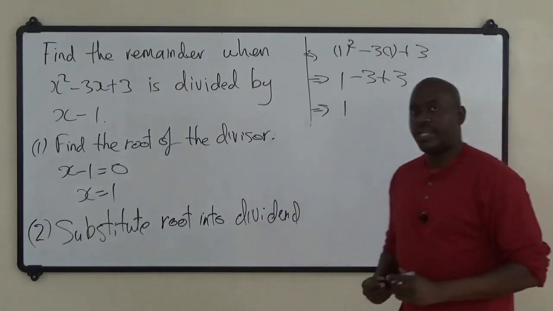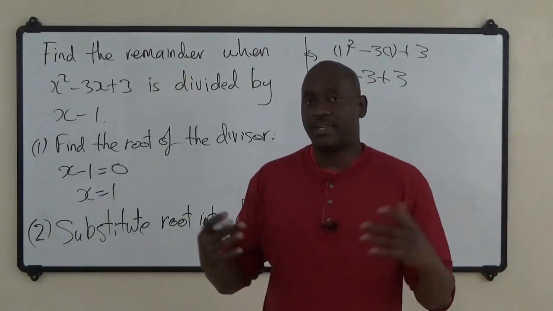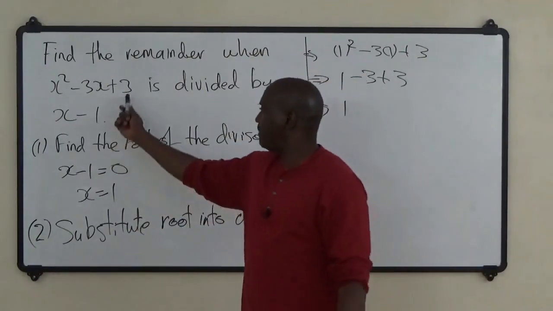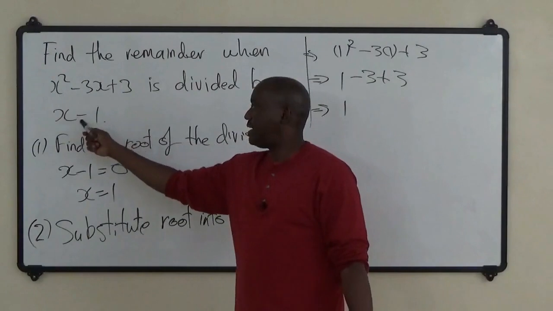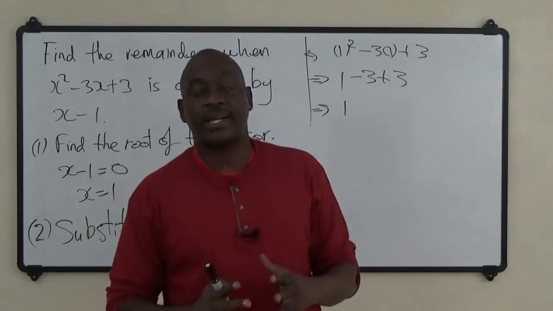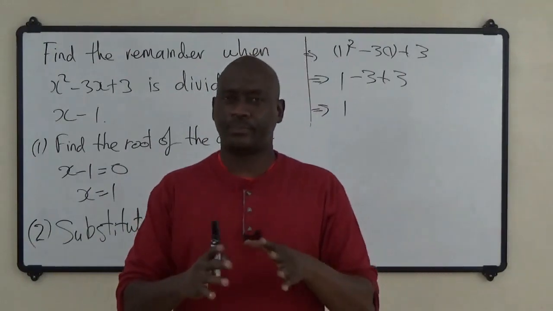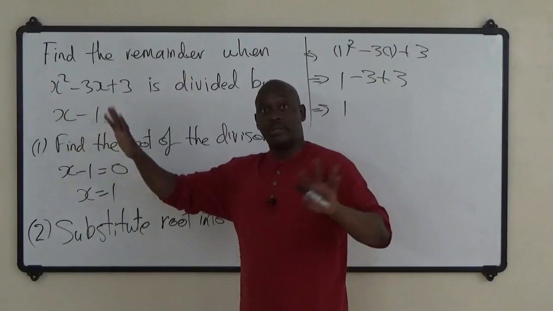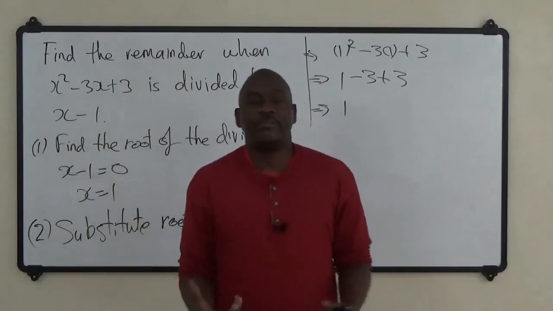So, without any previous knowledge of the relationship between x squared minus 3x plus 3 and x minus 1, we have now a straightforward mechanism to find the remainder when x squared minus 3x plus 3 is divided by x minus 1. That is the remainder theorem in action.